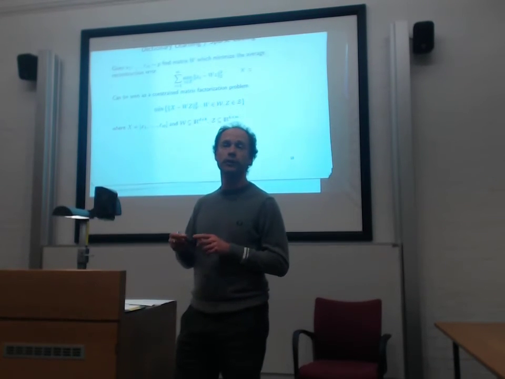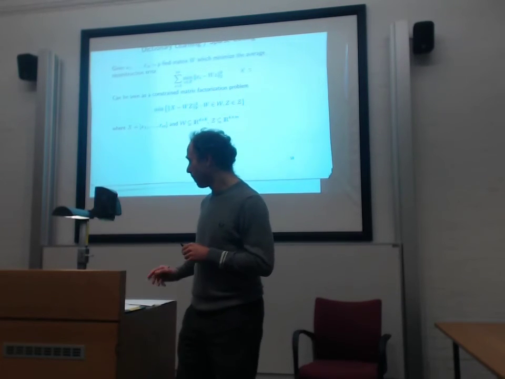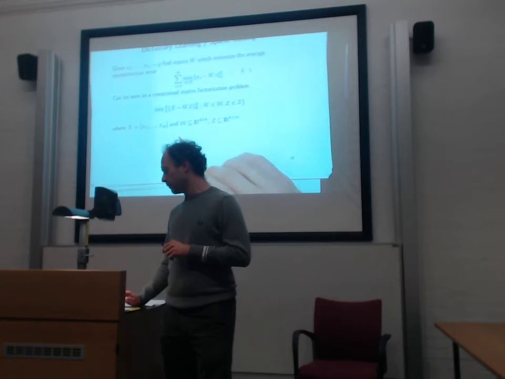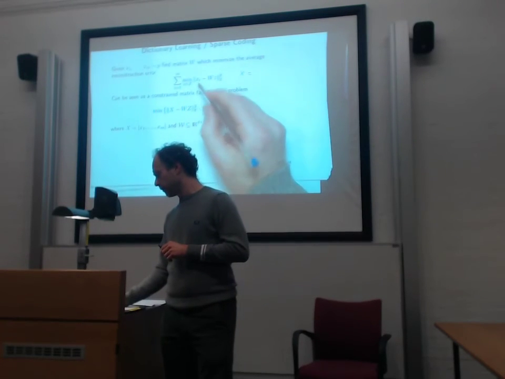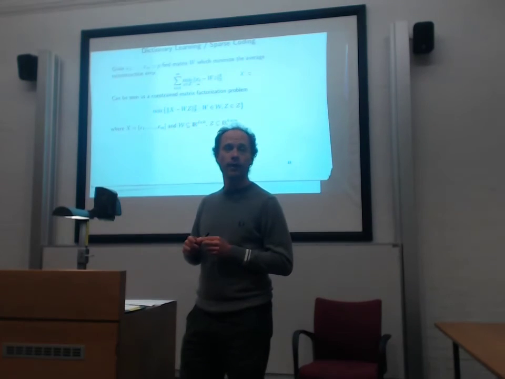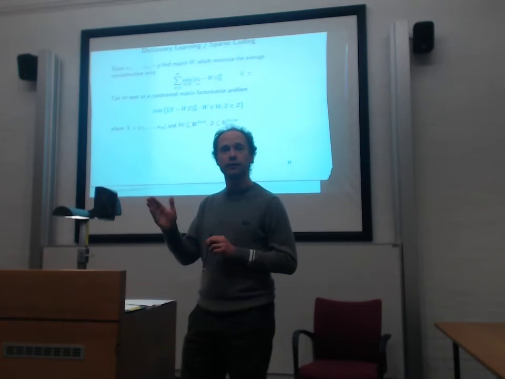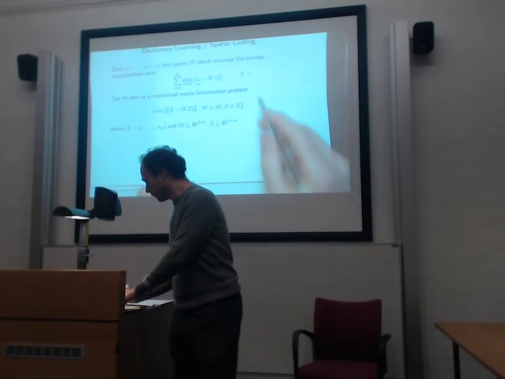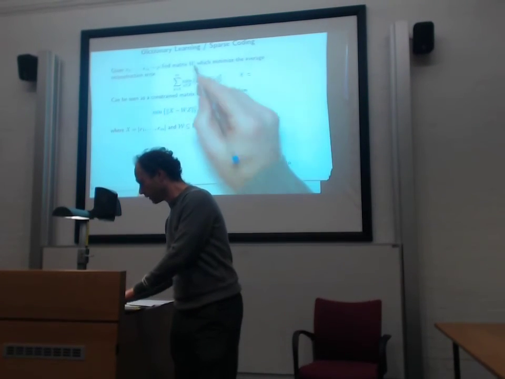They can even be linearly dependent, and they have the property that the inputs xi, which are sampled from some distribution, are well approximated by a sparse combination of these vectors. So the vectors are the columns of the matrix W.